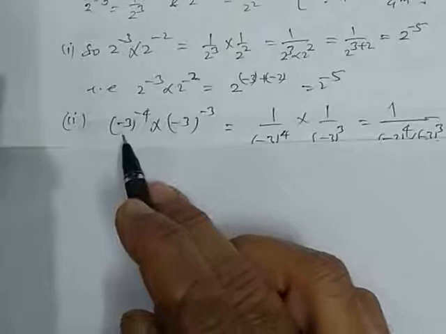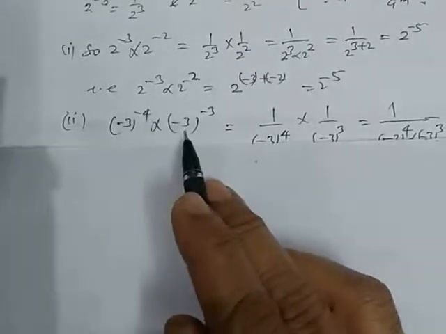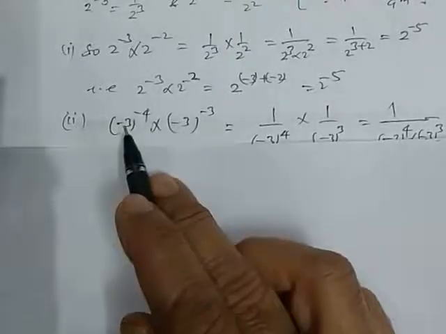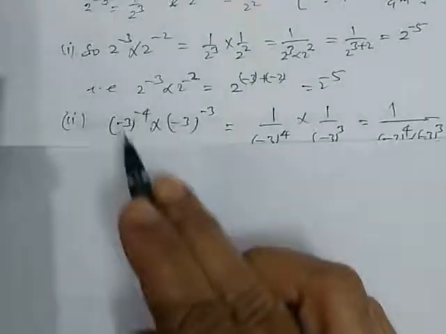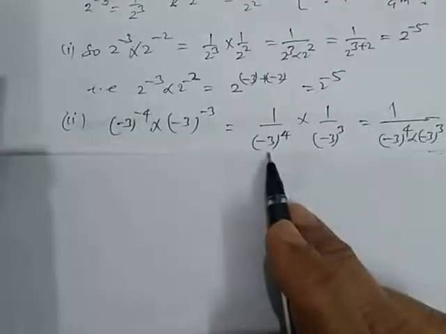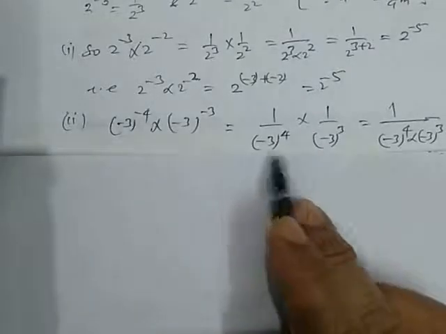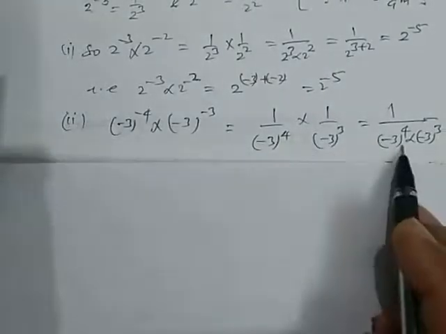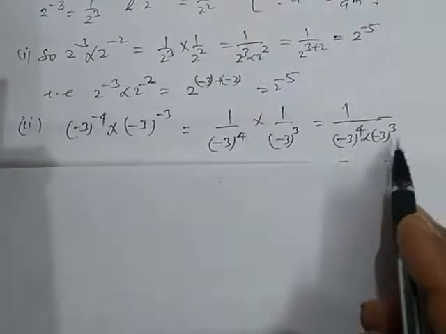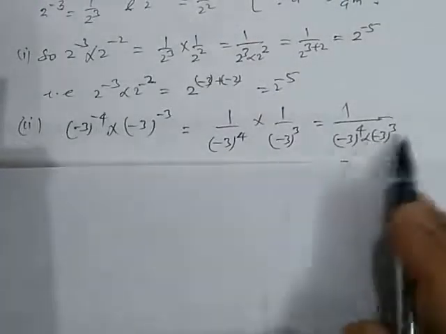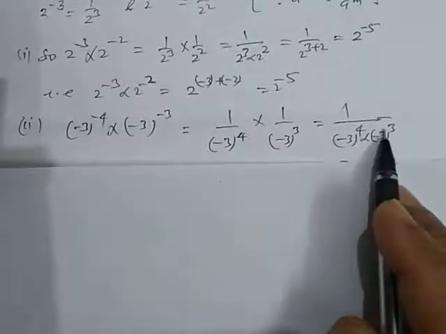Here minus 3 raised to the power minus 4, minus 3 raised to the power minus 3. Both the bases are same, but first we make them positive. So reciprocating them, both become positive. Now multiply them. Minus 3 power 4 into minus 3 power 3. So the bases are same, so powers are added.